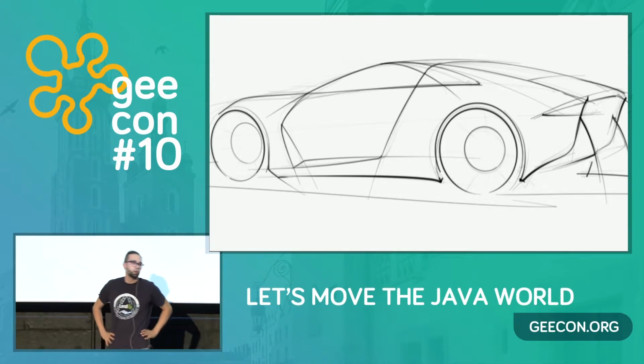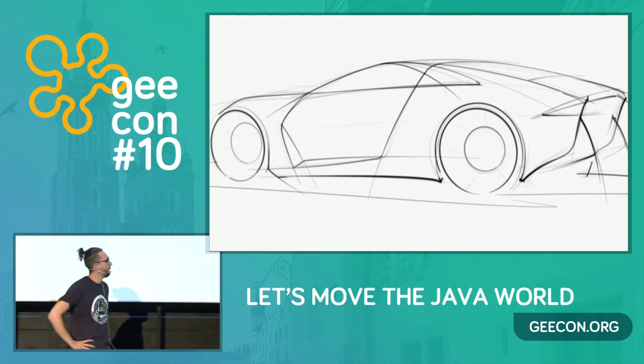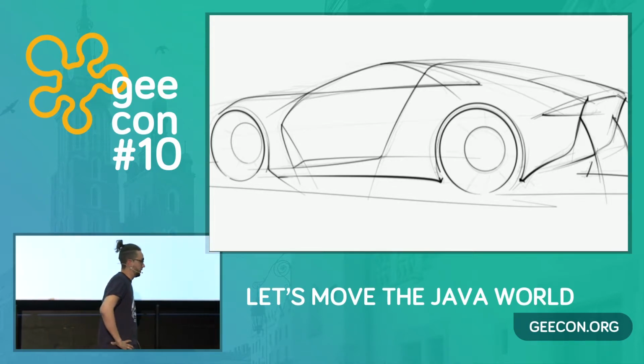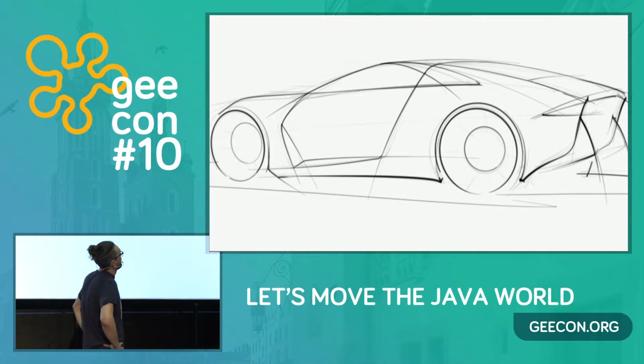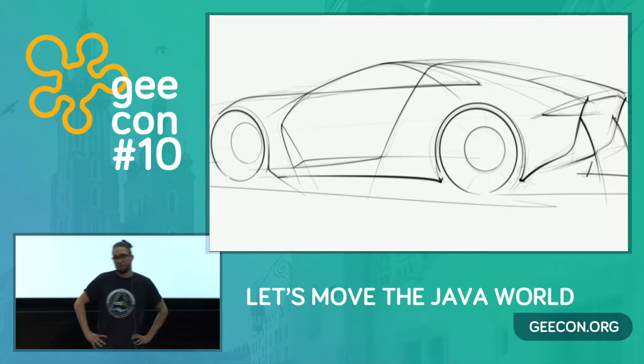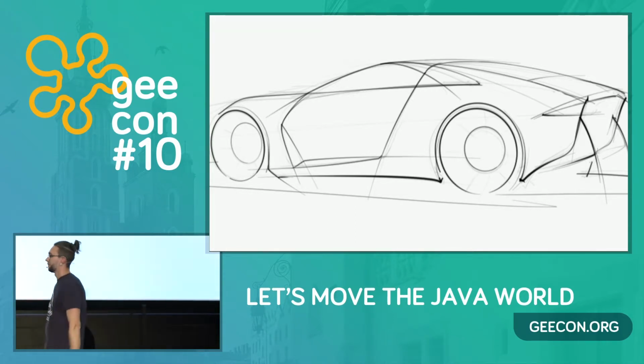If we were to build a car based on this drawing, we would fail miserably, because it doesn't have well-preserved proportions. It's got some perspective. It doesn't have enough details to do anything about that, and so this is definitely not the right model for a car.